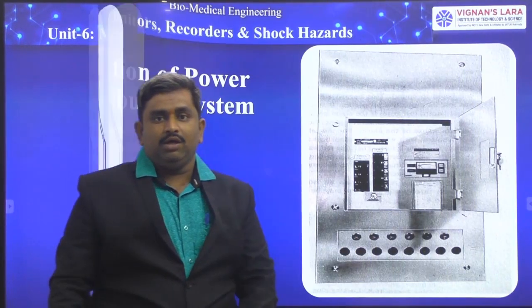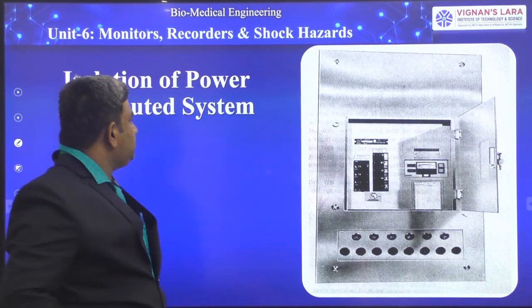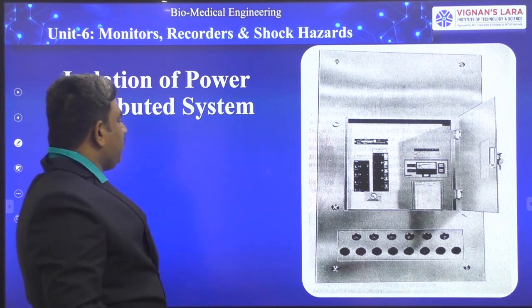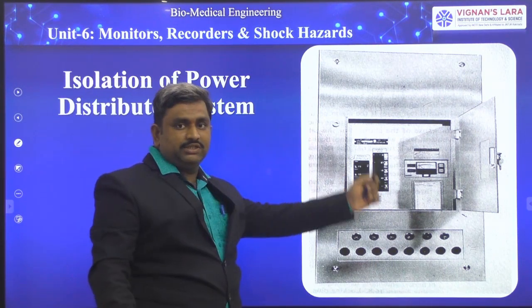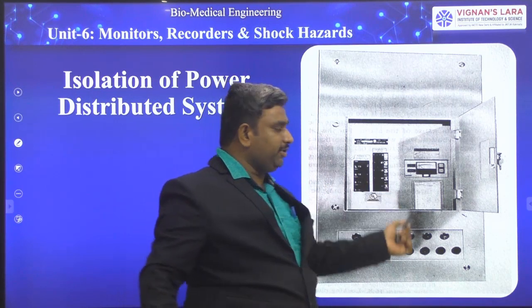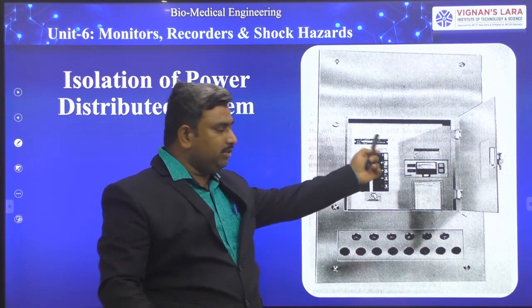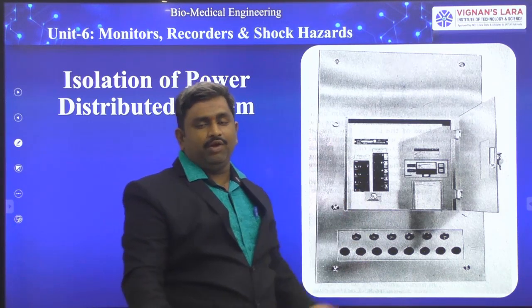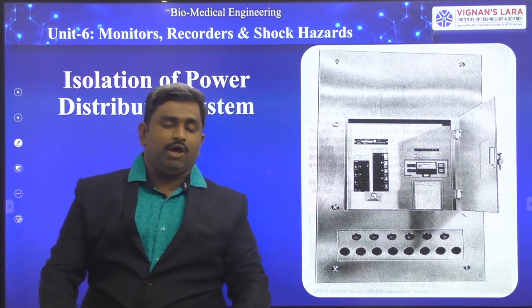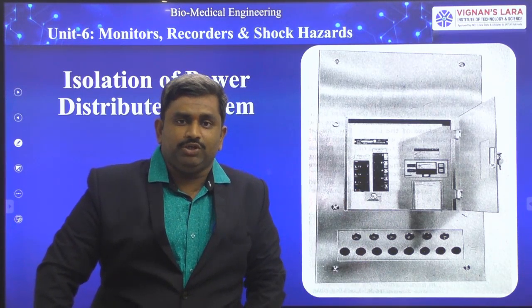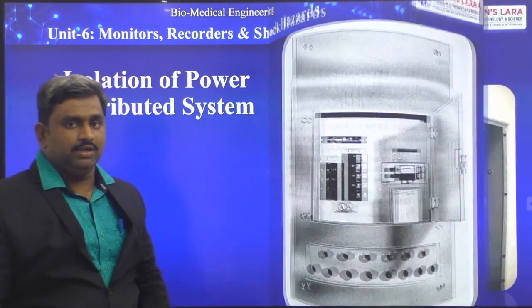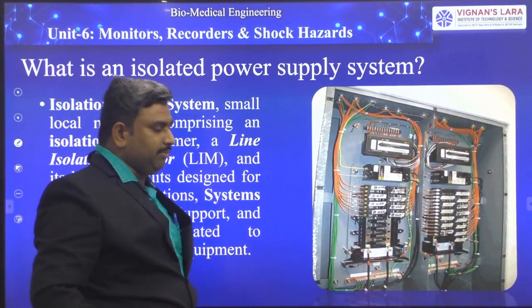Now this is the isolation of the power distribution system. This is the generalized box, and the power distribution system will be available in the hospitals. In this box, internally one more box is available, but the outer box is called the isolation box. See clearly with some more clarity.